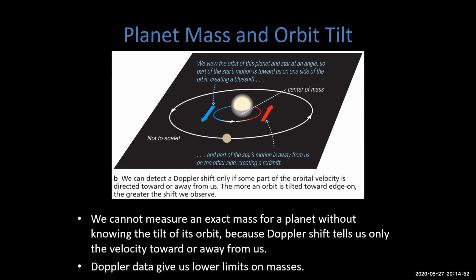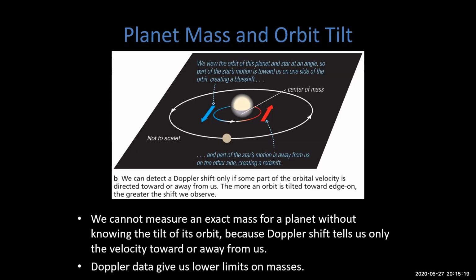because since we're not directly detecting the planet, we're just detecting the gravitational shift that the star is experiencing relative to us. If it's not actually directly in the plane with us, the planet's mass has to actually be more than what we are calculating. So we know that the planet is there.